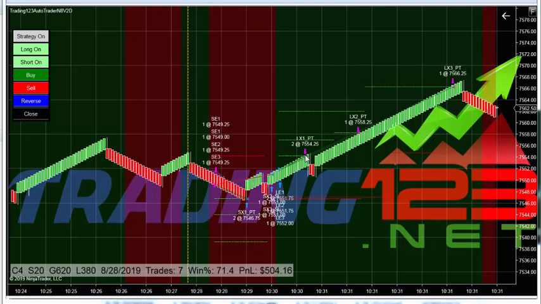We get out our first 2 contracts with some profit, second contract with some more profits, and then the third one runs all the way up and we get additional gains. And so basically we made 7 trades, 71% winners, $504 profit.